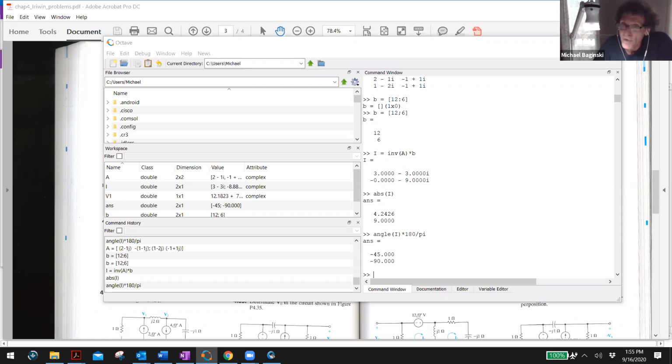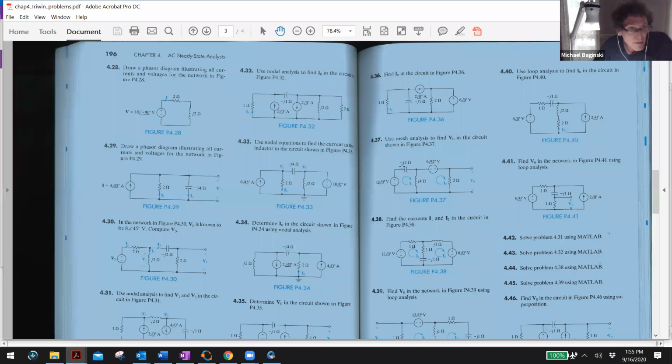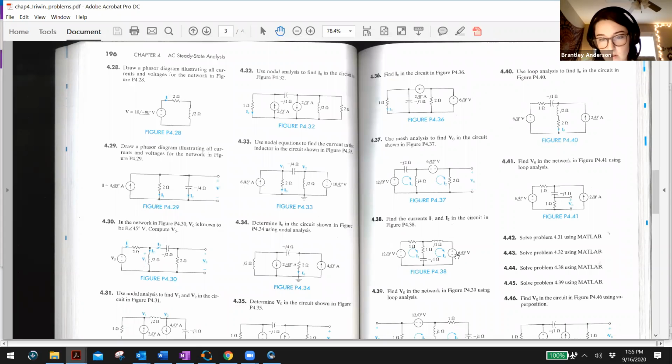All right. Are we okay with this? Class? I have a quick question actually about the I2 loop. Yeah. So you got 1 minus j2? Well, look, remember, I'm taking everything as a drop if it's not a voltage source, right? So this is like one impedance, call it Z, the 1 minus j1.